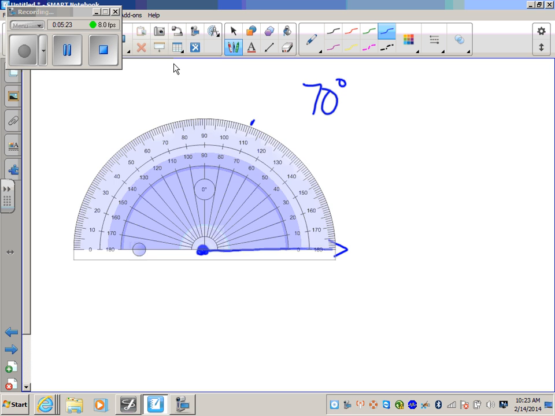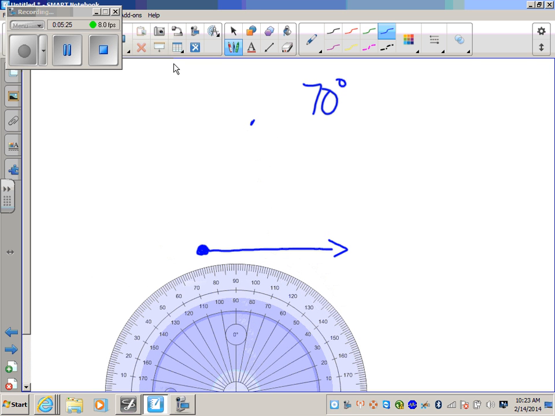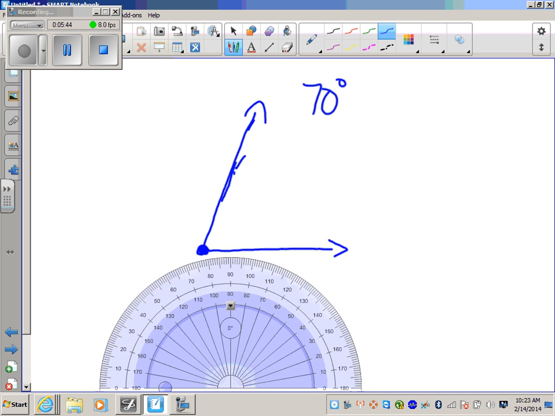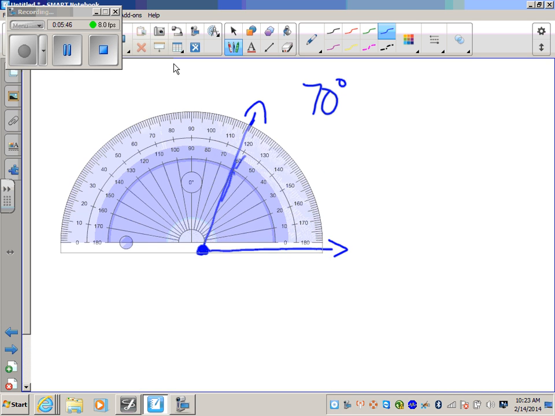Then I could take my protractor off and use my straight edge and draw that line straight through there. See how nice and easy that is? So you use your protractor not only to measure, but also as a straight edge.